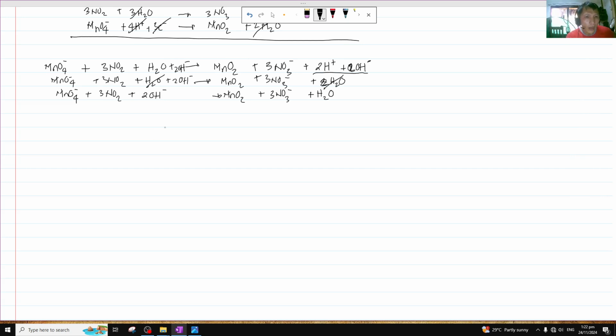So I believe that's already balanced. How about charge? You have negative 1 and a negative 2, that would be negative 3 for the whole charge of the left side. Then you would have 3 times 1, so you have a negative 3. So you can see that it's already balanced by atoms and by charge.